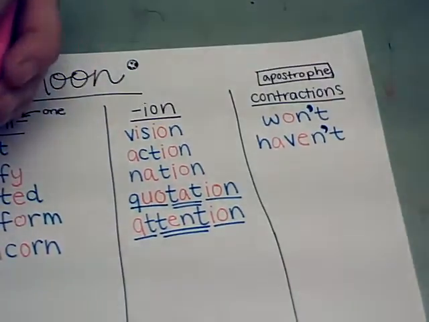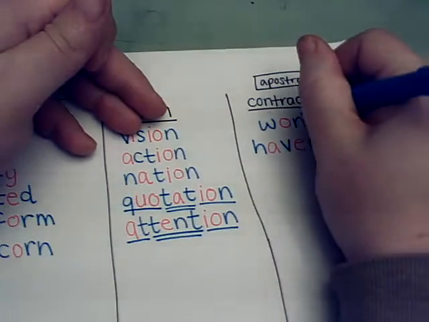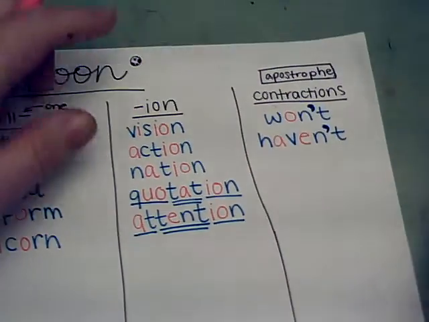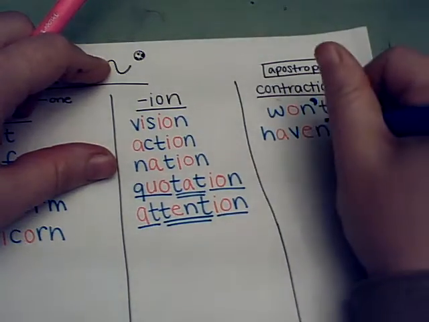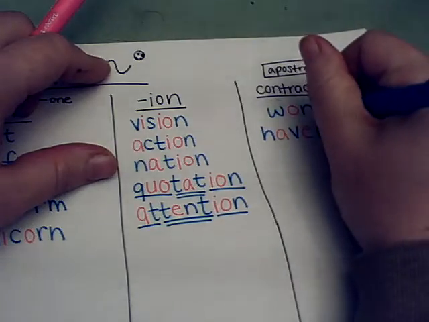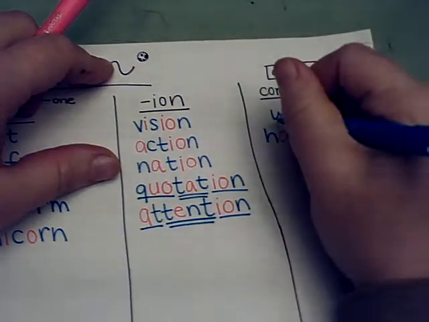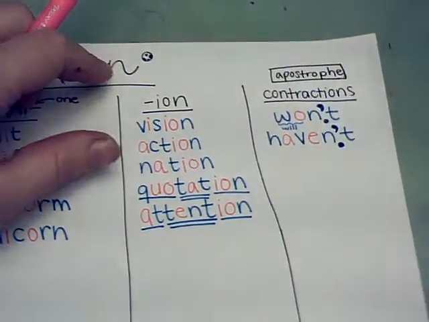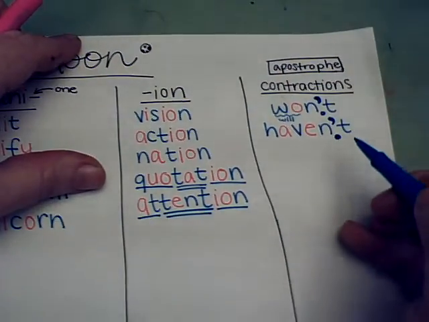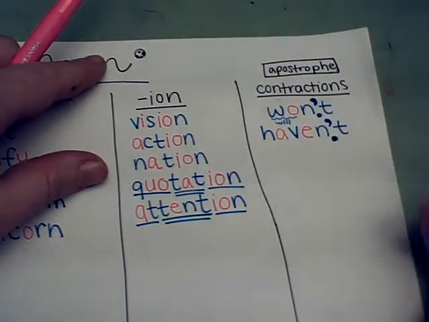Haven't. There we go. So that subs for the O, like have not. I messed that up. Have not.